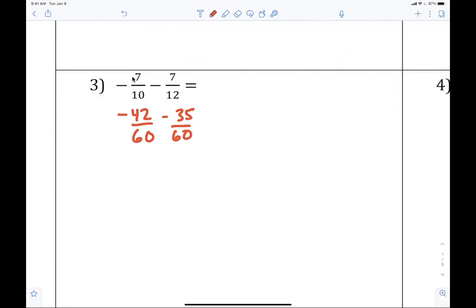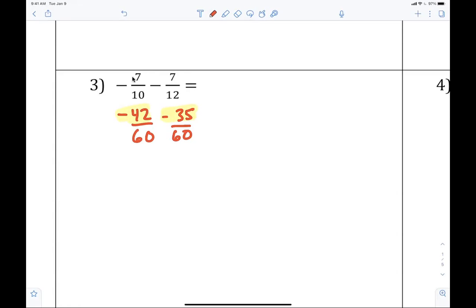Now, think about it right here, kiddo. -42 and -35. How much is that? 7. Nope. Because they're both negative, you're supposed to add them. You see that? If one of them was a positive and one was a negative, you would be correct.